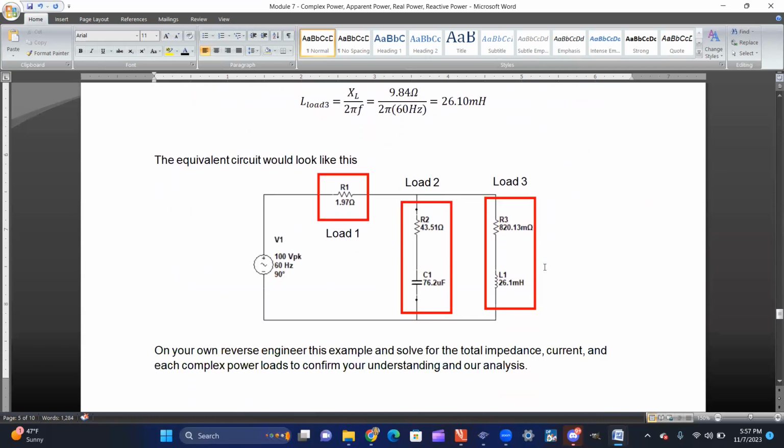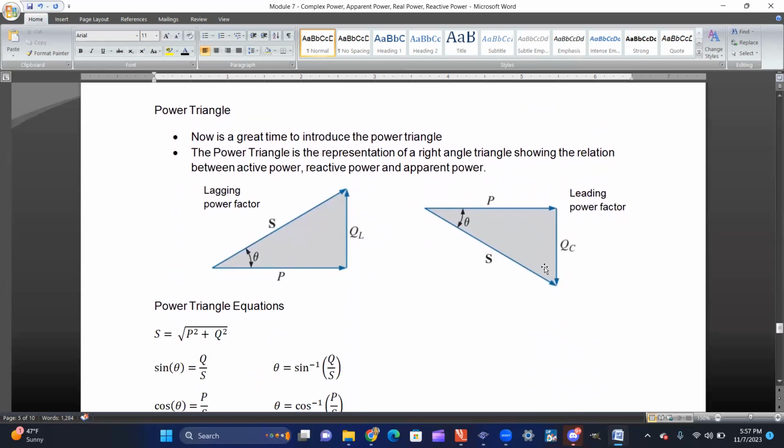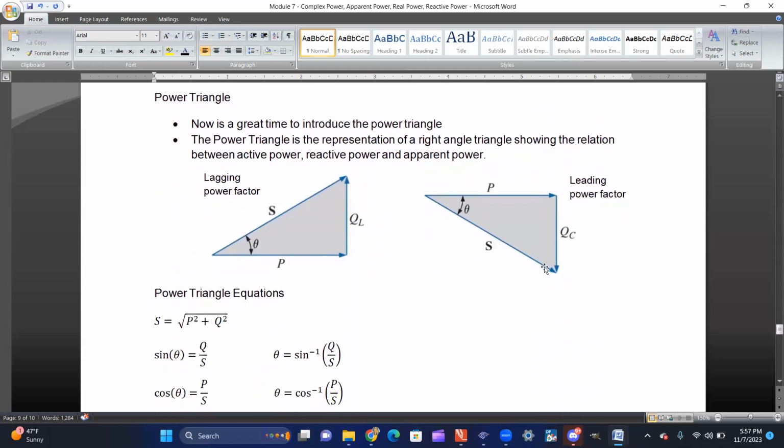All right, so that leads into our next topic, which is the power triangle. So the power triangle is the representation of a right angle triangle showing the relationship between active power, reactive power, and apparent power.